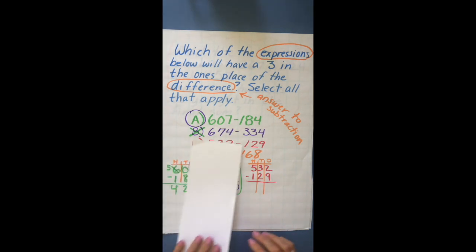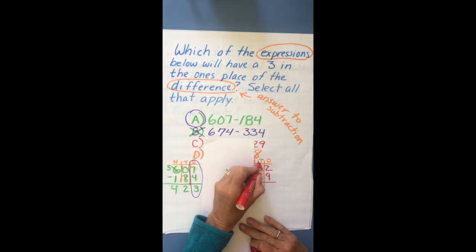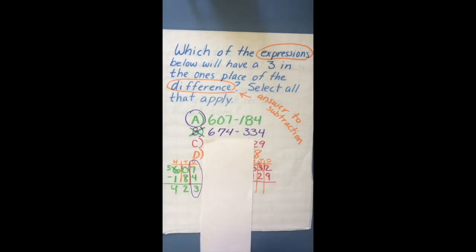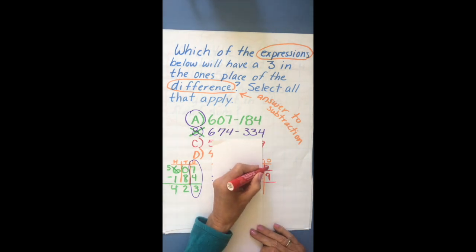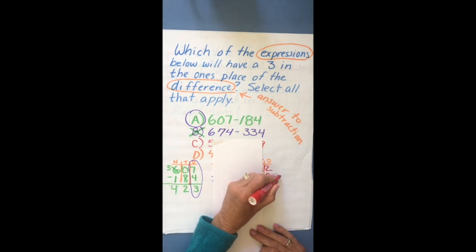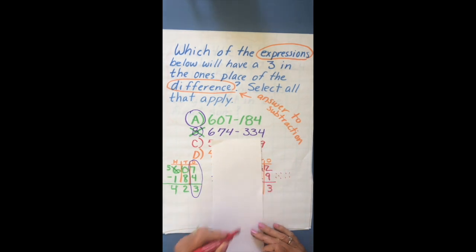And now remember I go to my ones place. I have 2. Can I take away 9? 1, 2. No, I can't. So I'm going to have to go next door. Change this to a 2. And grab 10 more. So now I have 12, take away 9. So 12, 11, 10, 9, 8, 7, 6, 5, 4, 3. I put a 3 here.